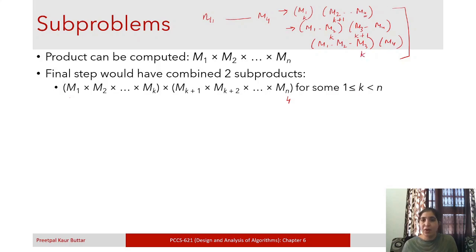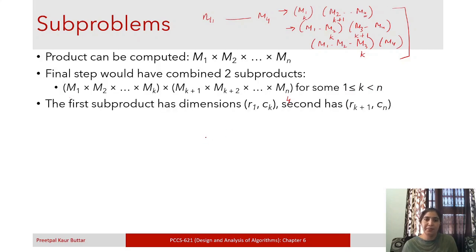Like this, for some k greater than or equal to 1 and less than n, right? So the first subproduct, these are two subproblems, right? Two subproducts. The first subproduct has dimensions r1 into ck, right? So the number of rows in the first matrix and the number of columns in the last matrix.